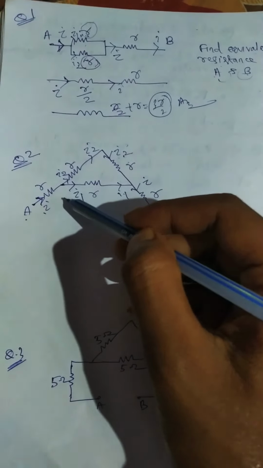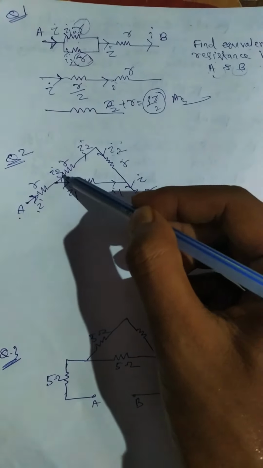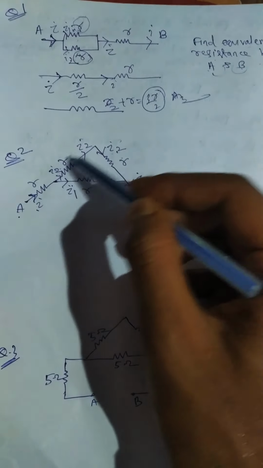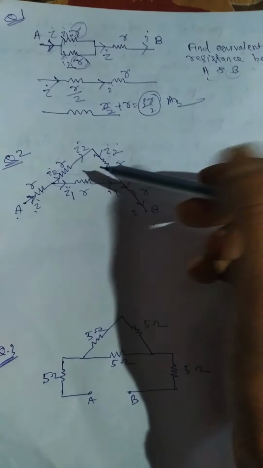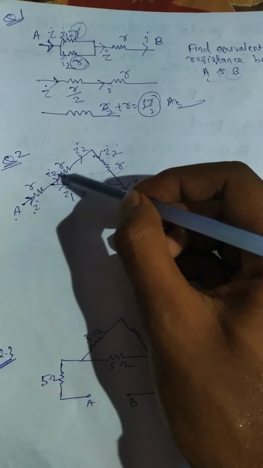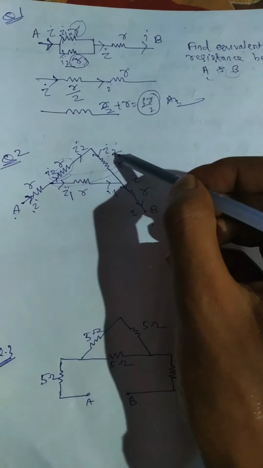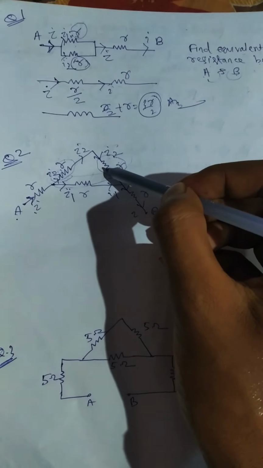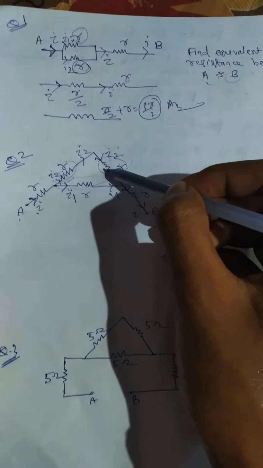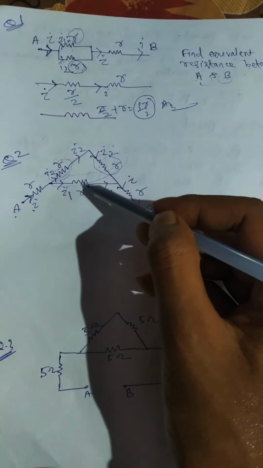See that the current divides here into I1 and I2, which means this circuit is in parallel grouping. The current through the R is I2, and here the current is also I2, so these two are in series grouping.